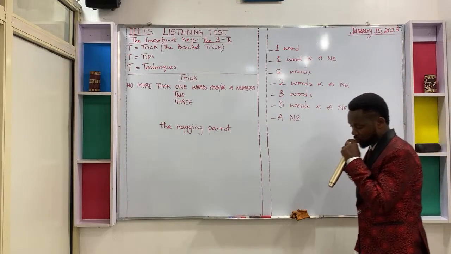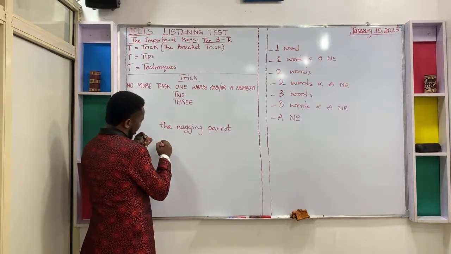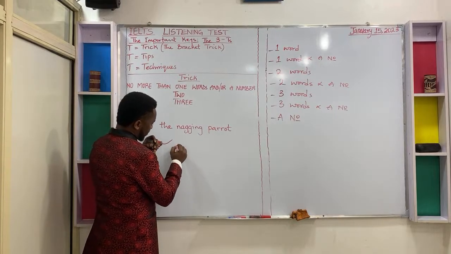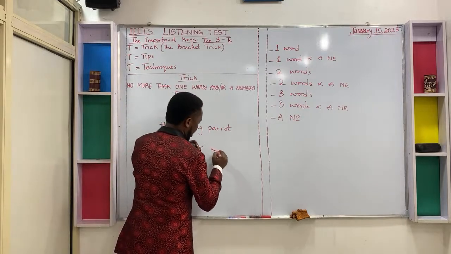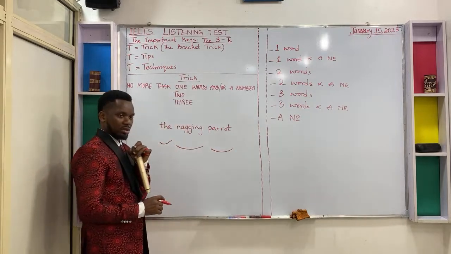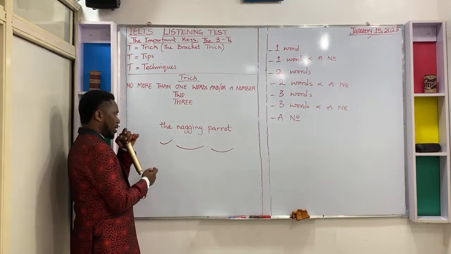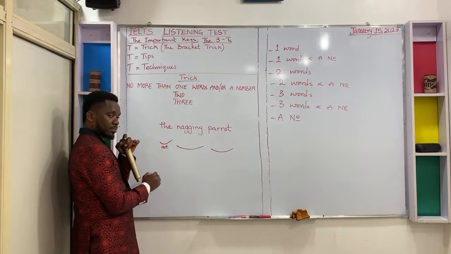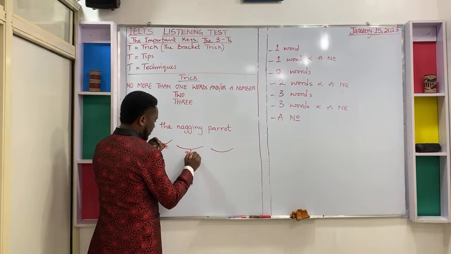So what you do, identify what the word "the" stands for, identify what nagging represents, and then parrot is what? So "the" as a word is what? An article, right? Nagging is what? An adjective.